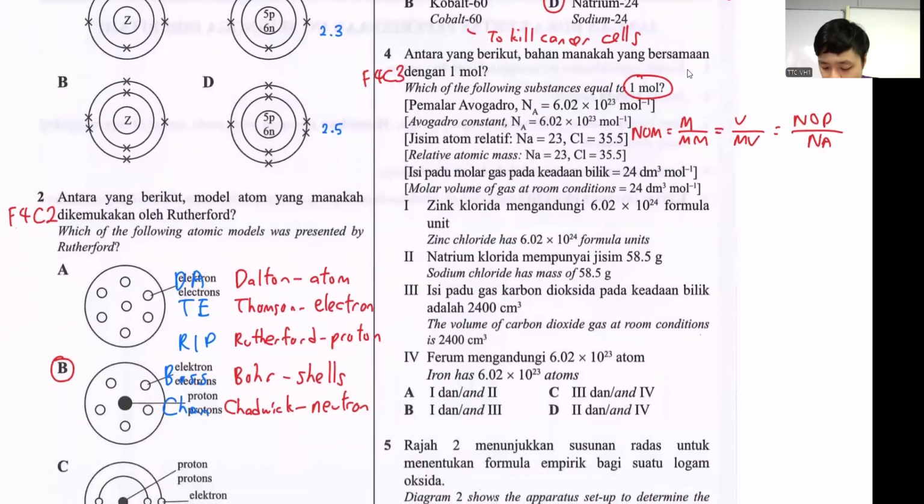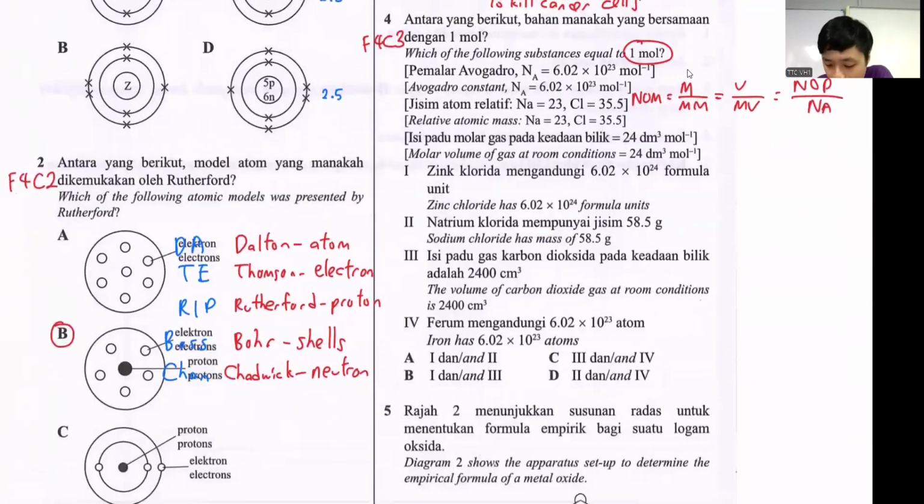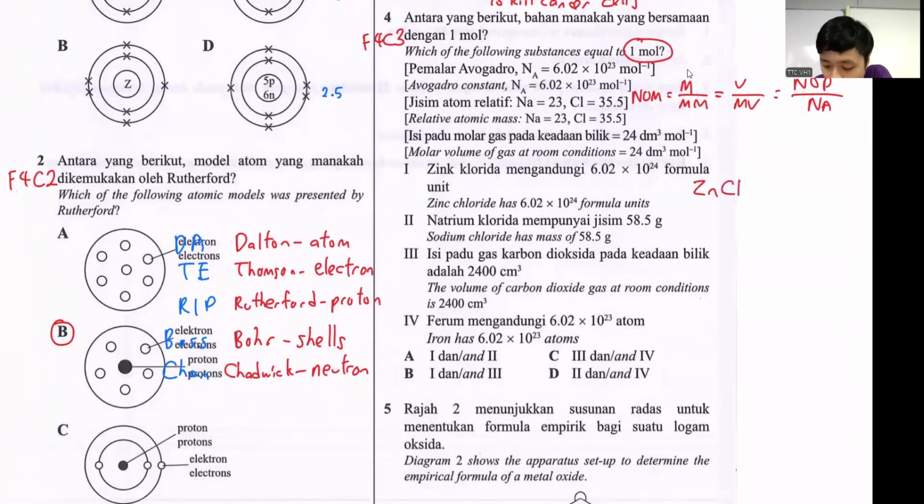The first one, zinc chloride has 6.02 times 10 to the power of 24 formula units. This is wrong, because if you're talking about the whole zinc chloride, 1 mole is 6.02 times 10 to the power of 23 units.